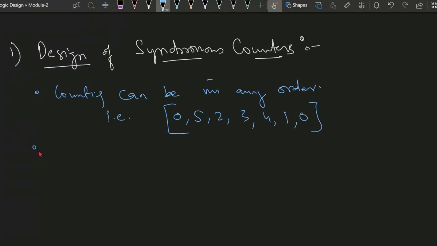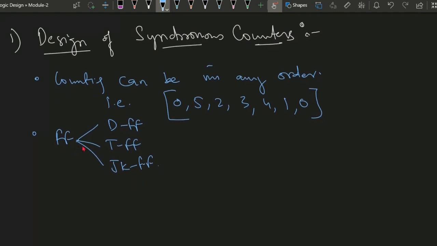And also for designing the synchronous counters, we can use flip-flops that can be either D flip-flop, or T flip-flop, or JK flip-flop. But it is not so in case of asynchronous. While designing the asynchronous type of counters, we should only be taking the flip-flop that has the toggling case, that is JK and T flip-flop. That we will be taking in the coming slides.